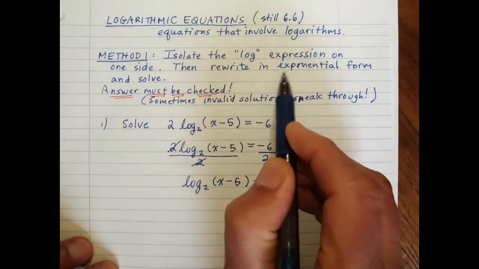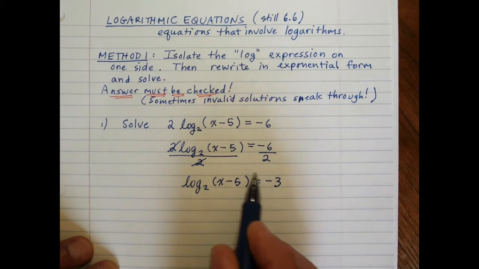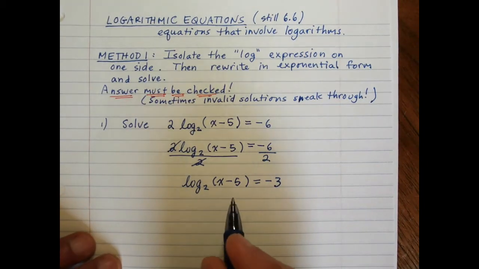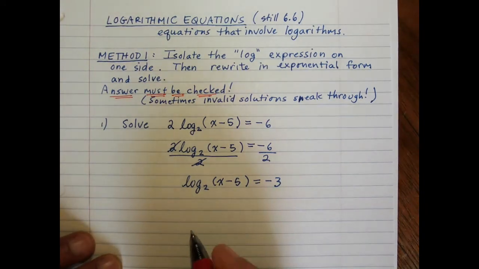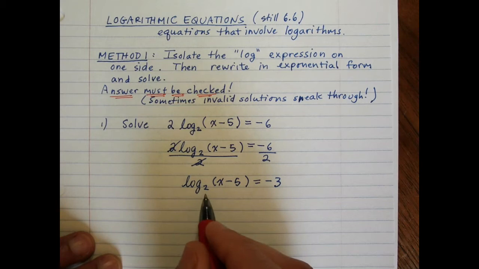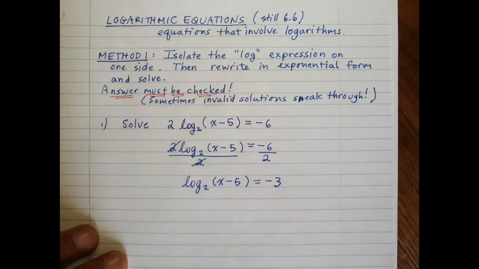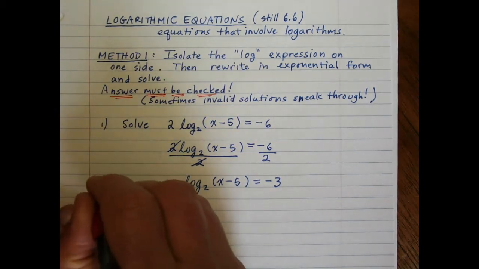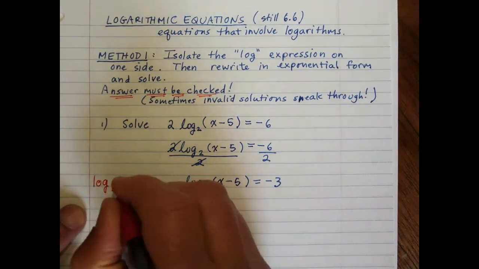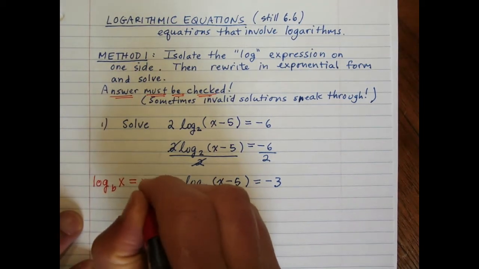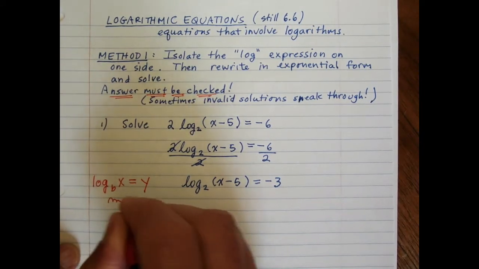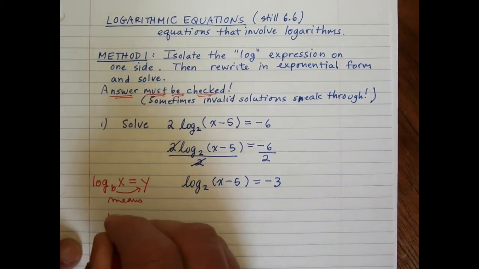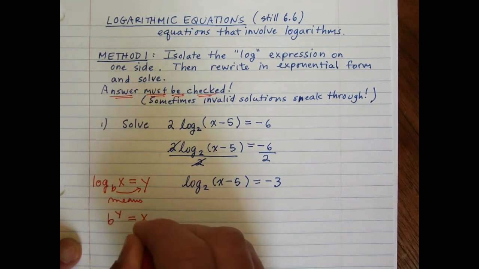Now, rewrite in exponential form. When we have the log isolated, we can go back to our very basic principle: log base b of x equals y just means b to the y power equals x.